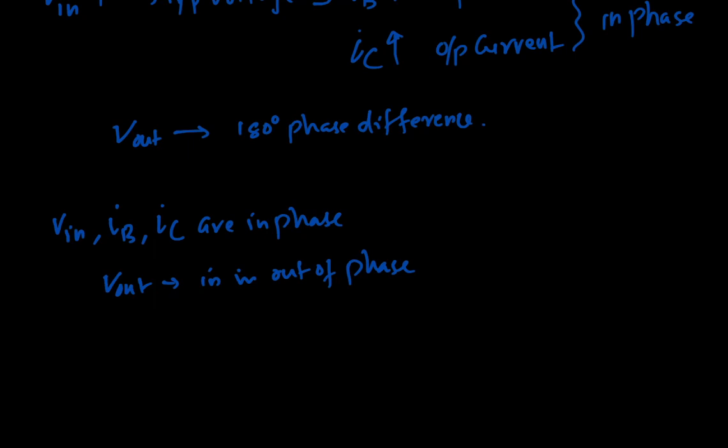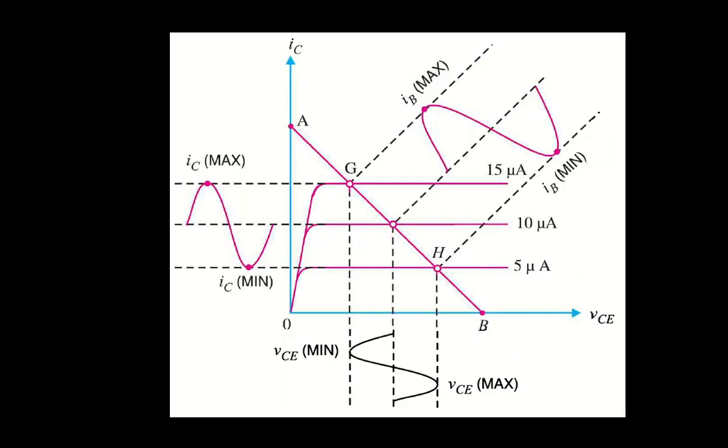For that, consider the output characteristics and DC load line. The output characteristics, you know, is the variation of the collector current IC with respect to the collector emitter voltage VCE, and these curves represent the output characteristics for different values of IB.